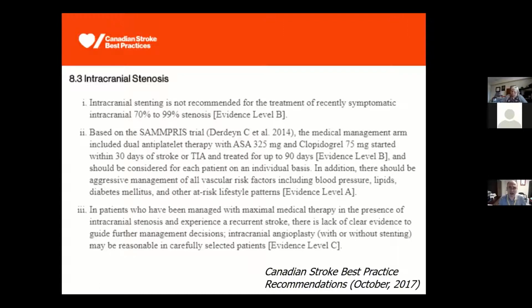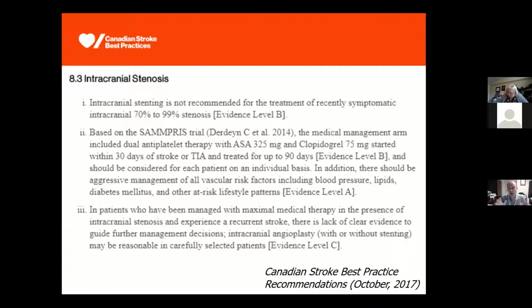We'll talk about it a little bit later, but instead of dual antiplatelet, like we see in SAMMPRIS, there's a lot of interest in using aspirin together with a low-dose anticoagulant, rivaroxaban, 2.5 twice a day, which was used in the COMPASS trial, and it seemed to really lower risk of thromboembolism. So Dr. Pereira is looking at whether aspirin plus low-dose rivaroxaban might be what we do in the future to lower the likelihood of strokes intracranially.